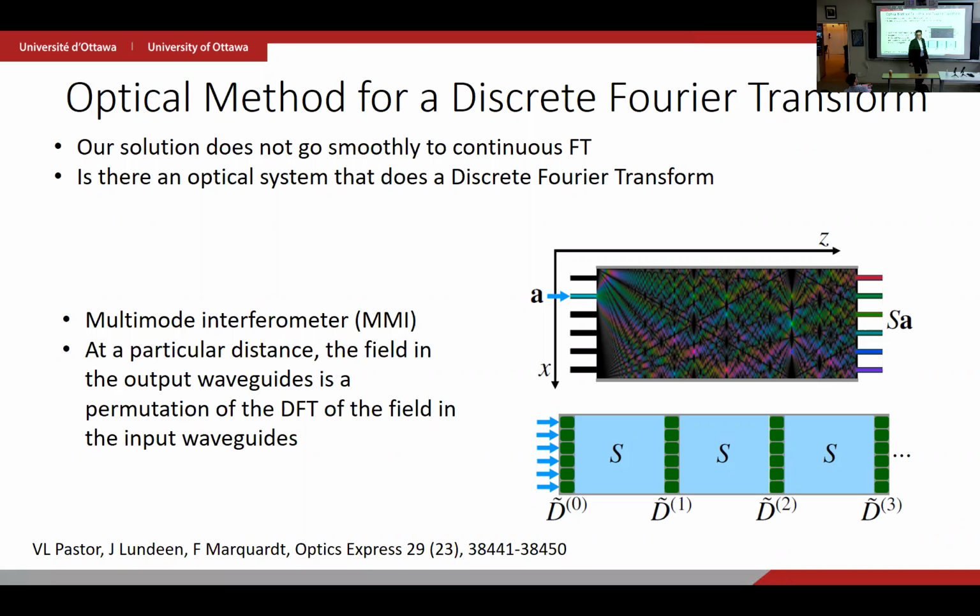And at those self-images, I think it's half the distance between where you go back to an image of itself, you get the DFT, it turns out. My idea was Victor's, and he just had an intuition that this would work, and he worked it out, and it did work. So this is a design that I'd like to pursue sometime, of trying to make this and seeing that it works. But that's it. We don't use it, and that's all that we did with that theory.